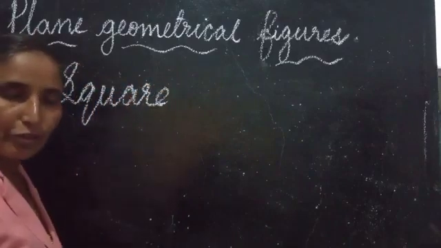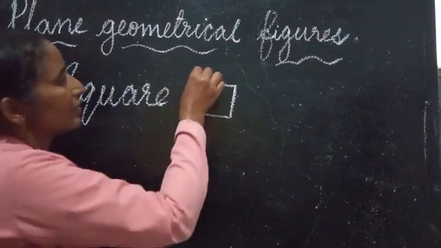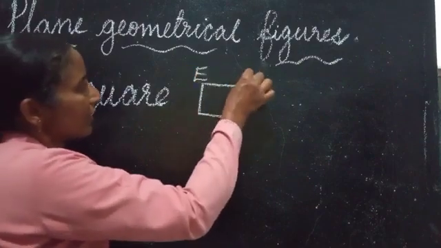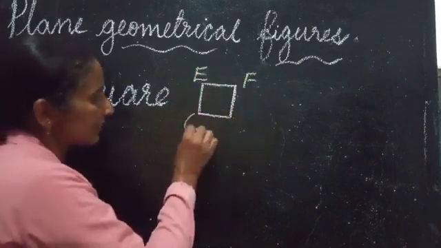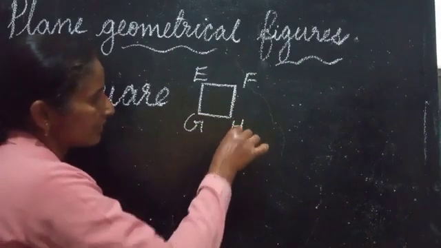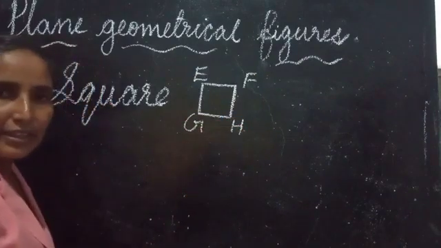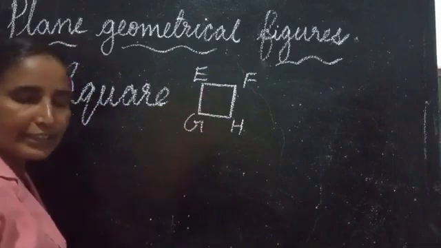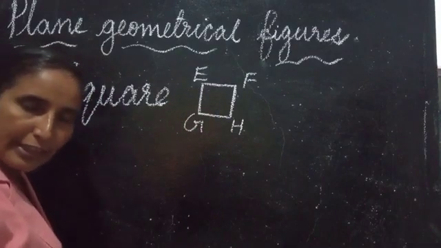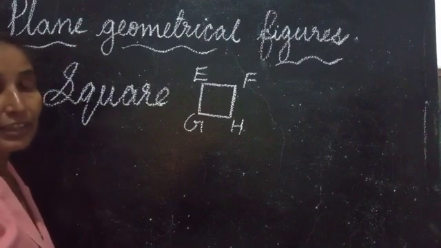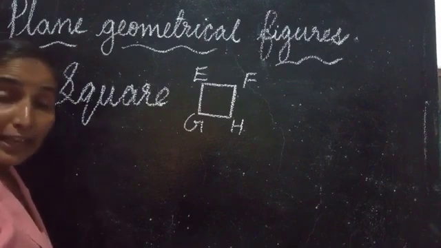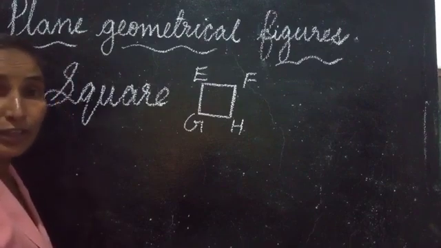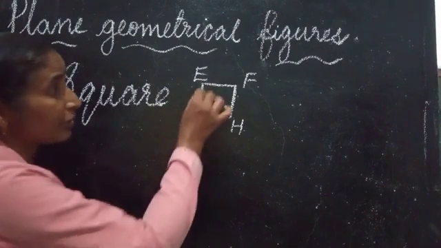S-Q-U-A-R-E, square. Square also you have learned. The name of our square is EFGH, square EFGH. Here also line segments are used to form the square. How many line segments are used?